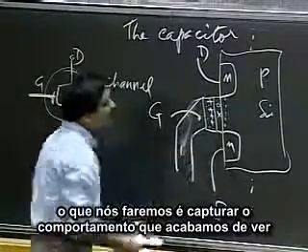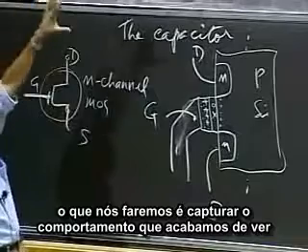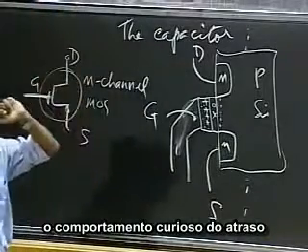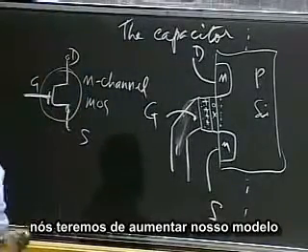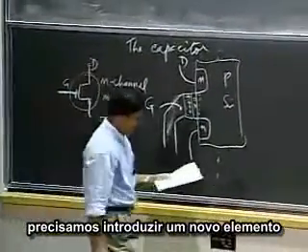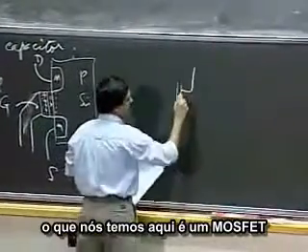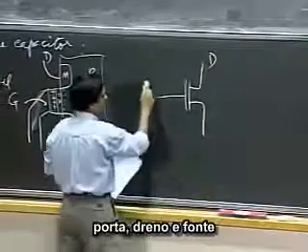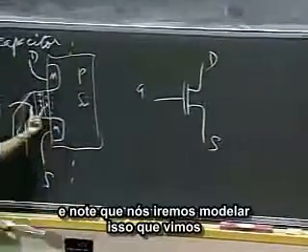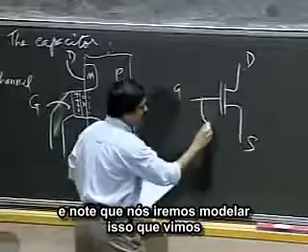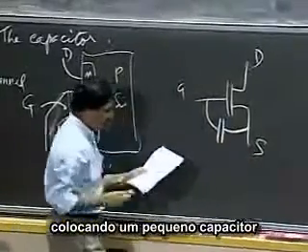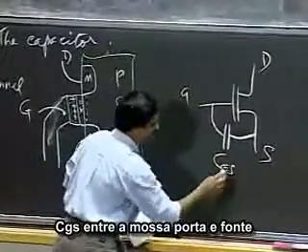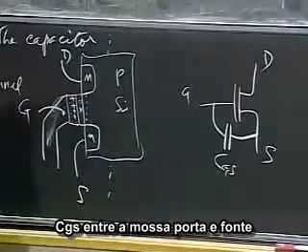So to be able to capture the behavior that we just saw, the funny delay behavior, we have to augment our model. We have to introduce a new element. Here's a MOSFET: gate, drain, and source. And notice here, we model this by putting a little capacitor, CGS, between our gate and the source.